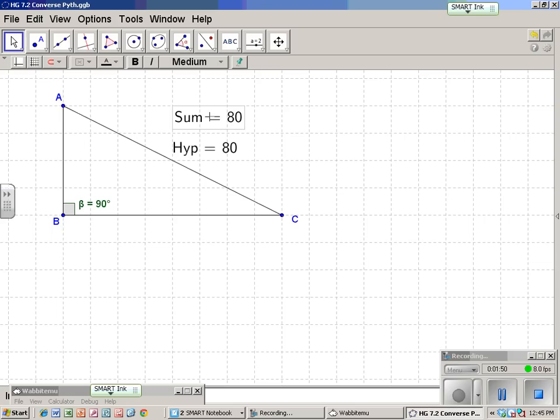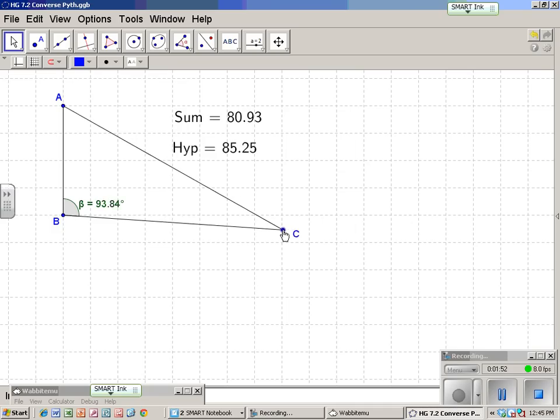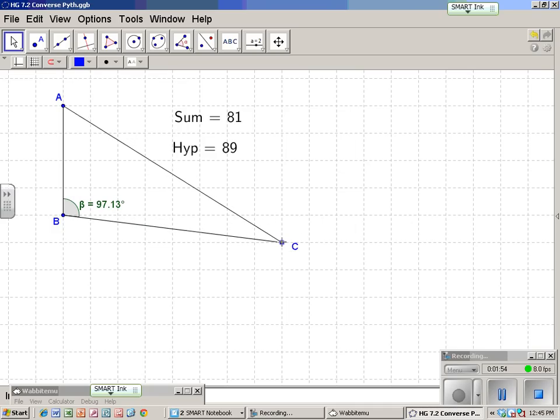So now, what if I took point C and moved it? That angle at vertex B is now an obtuse angle. It's more than 90 degrees, less than 180. So what happened is that hypotenuse, or that third side, AC, got longer. Now if you look at these numbers, the hypotenuse squared is now 89.